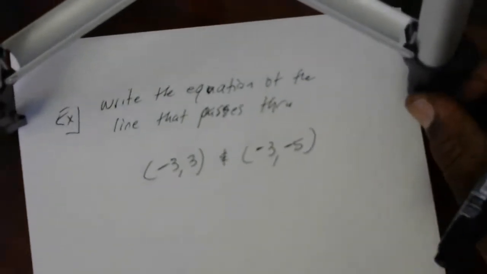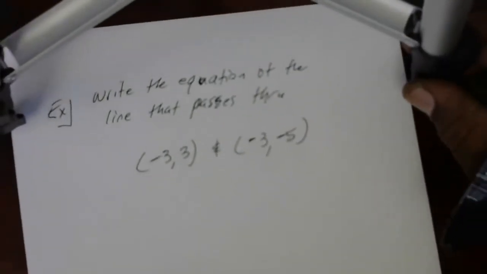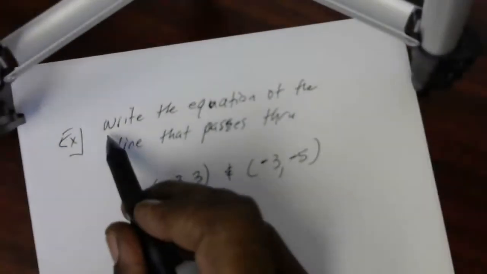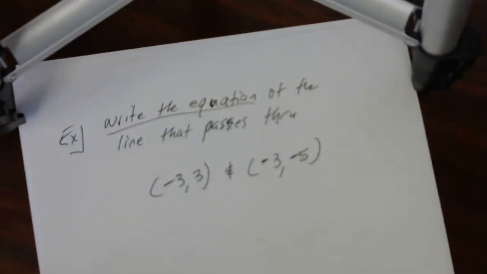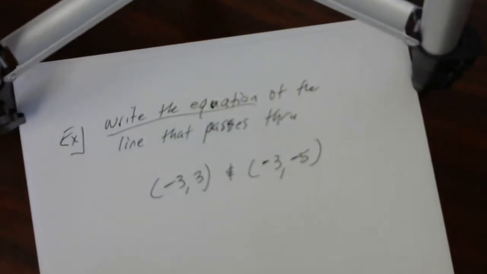All right, so same setup. We're given 2 points, and we're asked to write an equation. So we're going to keep in mind the point slope form, which requires the knowledge of both the slope and a point on the line. Just like in the last problem, we're going to have to find the slope.